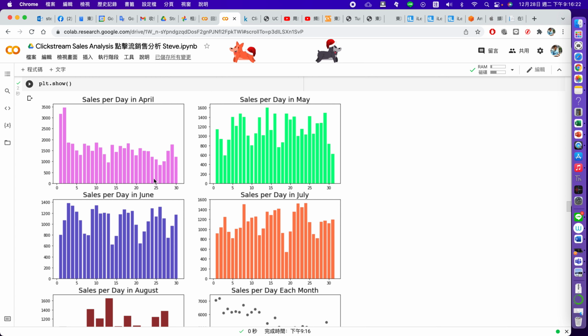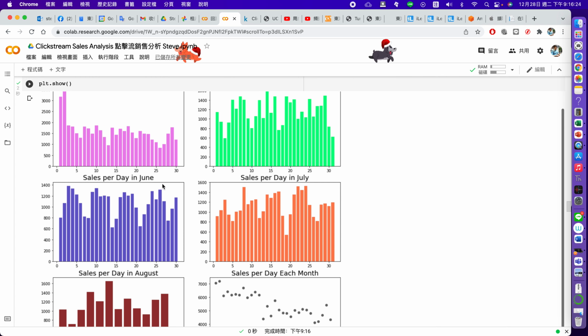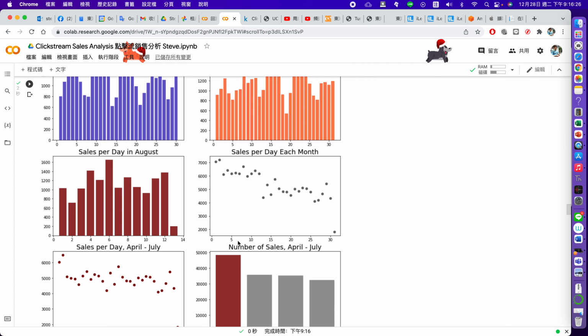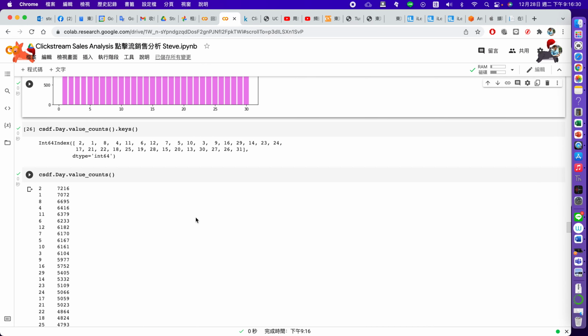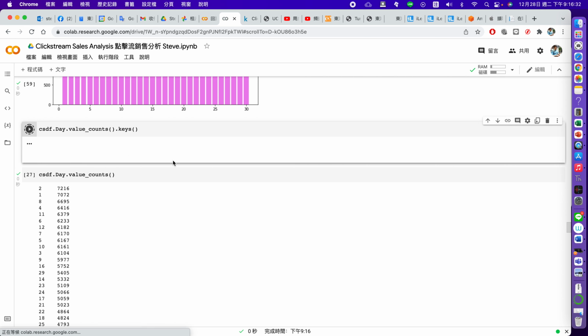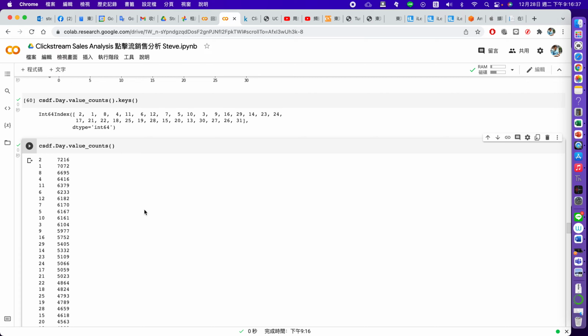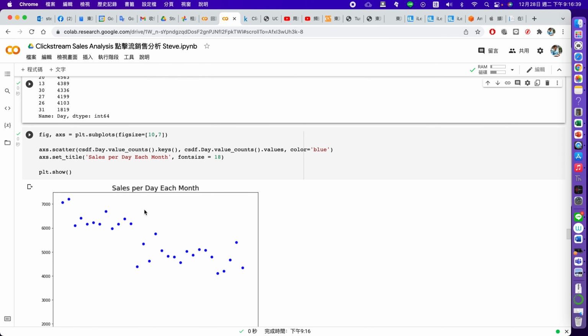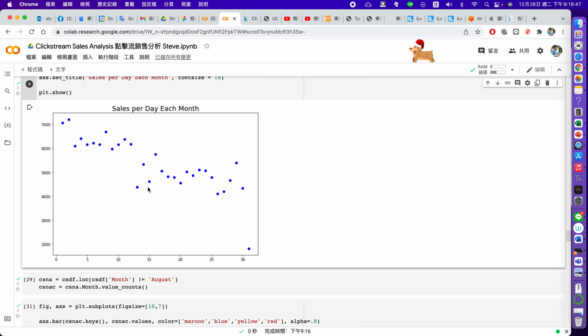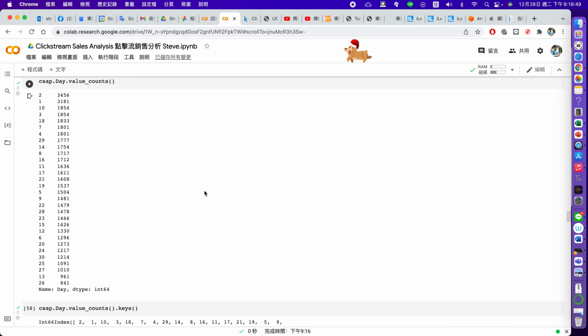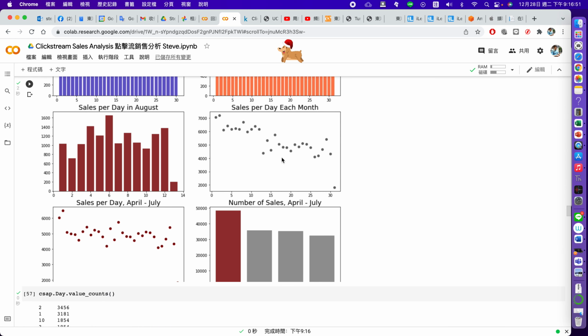So you may draw the rest of the diagrams by yourself. Okay, so this is the key and the count for each day. So we draw the diagram for sales per day each month. So this diagram is the same as this one.